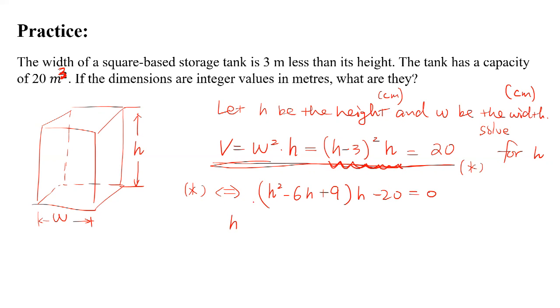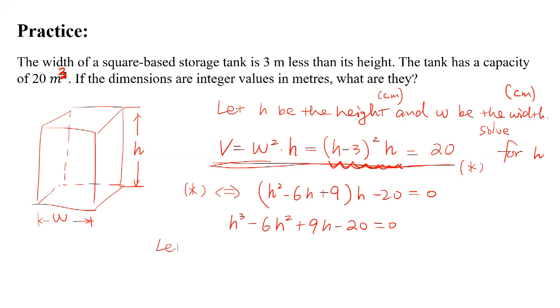So that's h cubed minus 6h squared plus 9h minus 20 equals 0, right? Okay, so at first glance, it may not be very easy to factor this. So again, we can refer to the factor theorem along with the integral zero theorem, right?